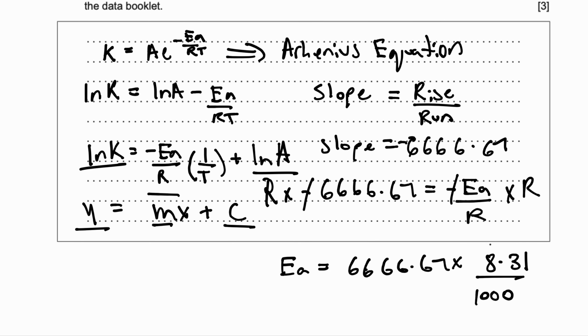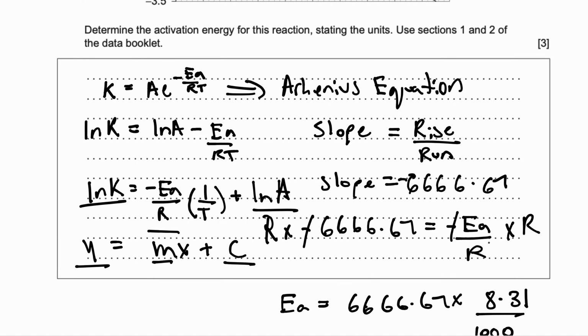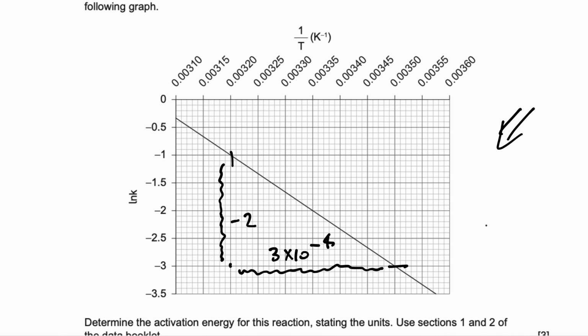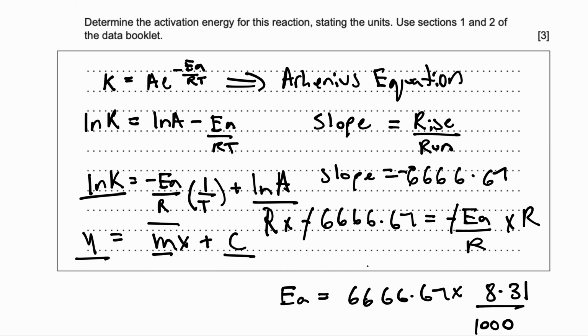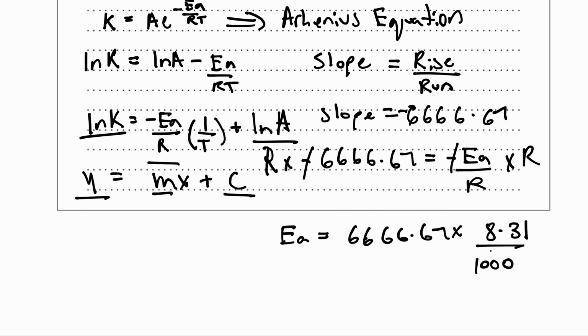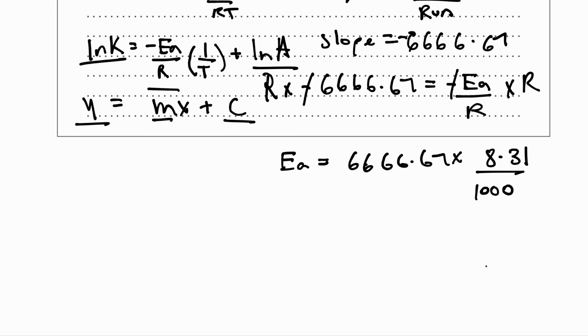Now I'm going to work with kilojoules per mole, but if you want to work with joules per mole, you can do that as well, but you would have to make some changes in the previous working. Okay, but I like to work with kilojoules per mole. So let's see, what do I get?